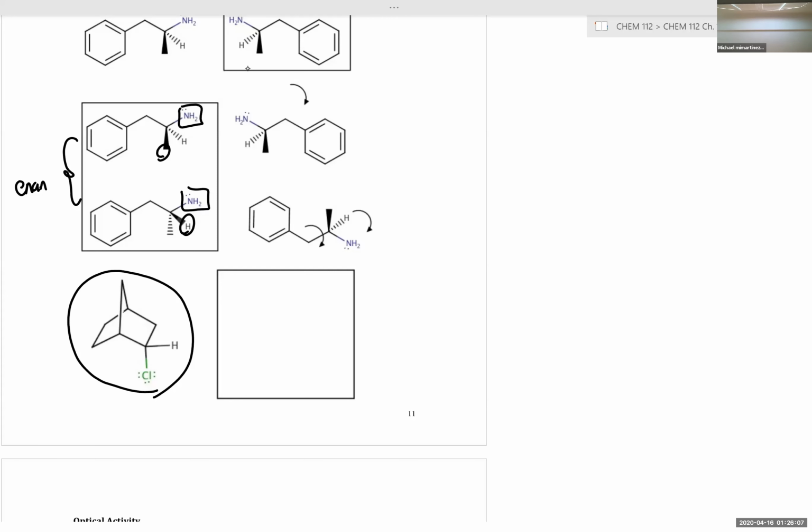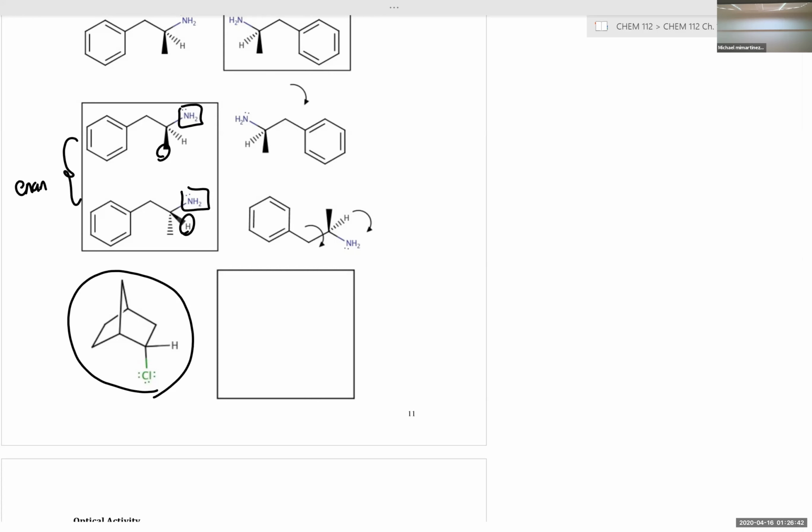So don't be shy and try to draw the horizontal mirror plane enantiomer for the following molecule. You're essentially drawing the horizontal mirror image, just like your hands are horizontal mirror images.